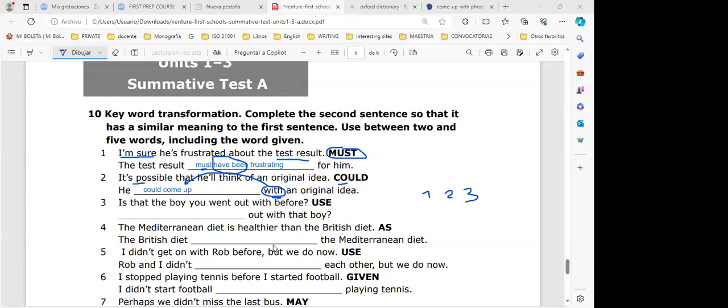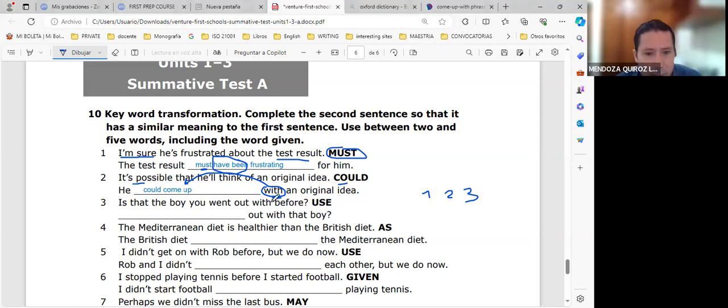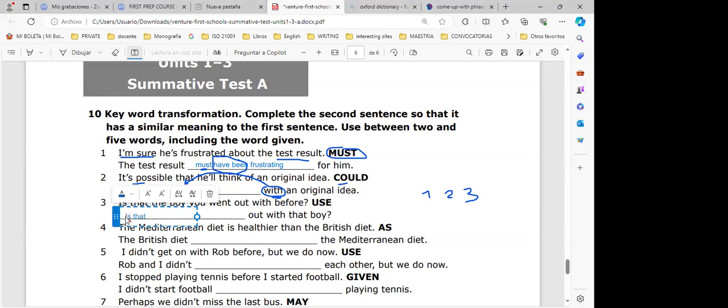Is that the boy that you used to go out for? Is that the boy you went out with before? Repeat, please. Is that the boy that you used to go out?